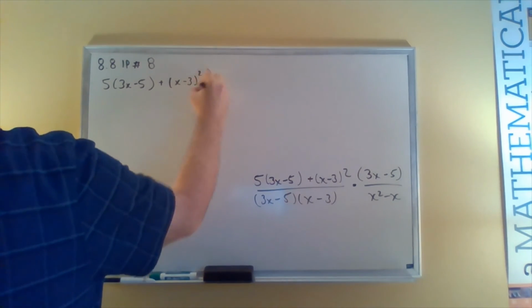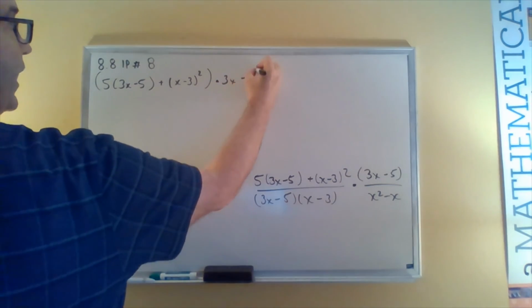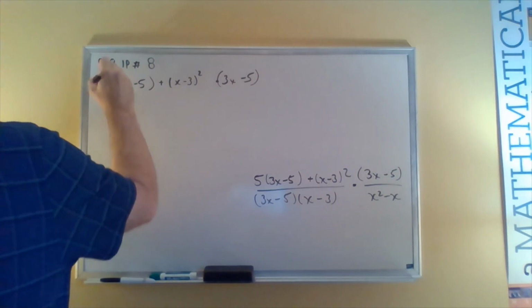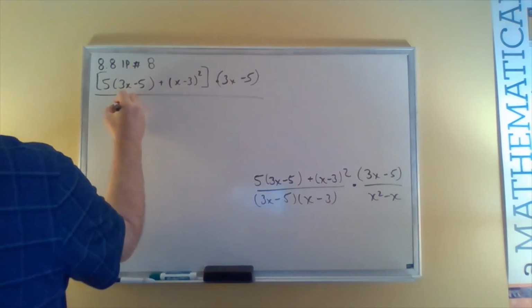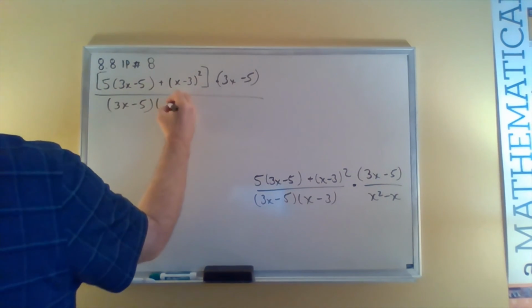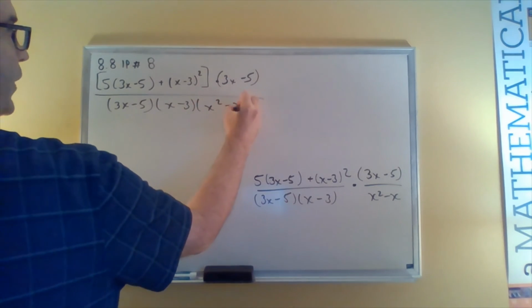That's times, so I'm going to be multiplying this whole thing times 3x minus 5. Might be easier to see if I use brackets instead of parentheses. And my denominator is going to be 3x minus 5 times x minus 3 times x squared minus x.